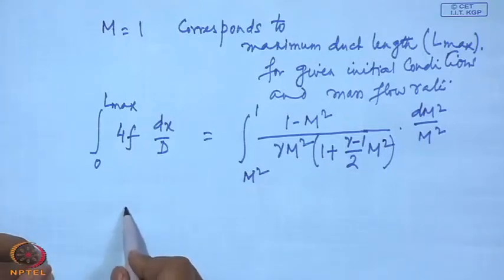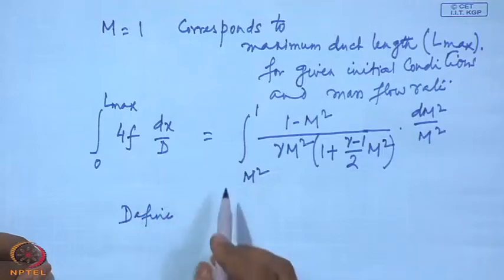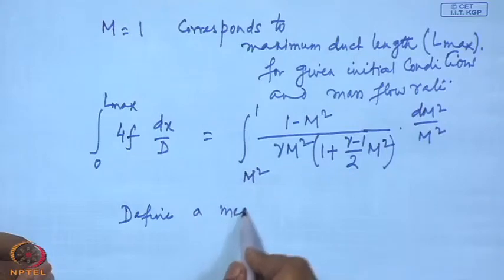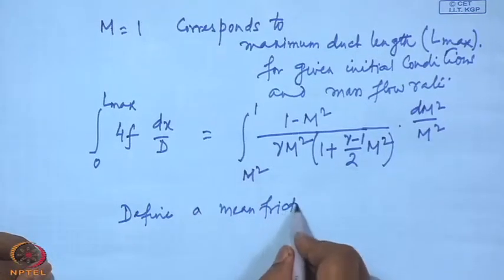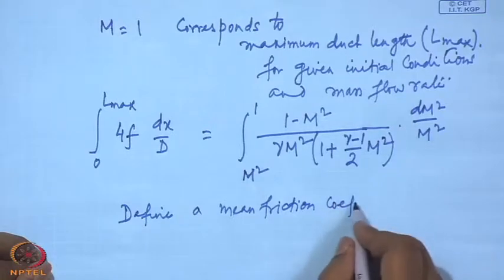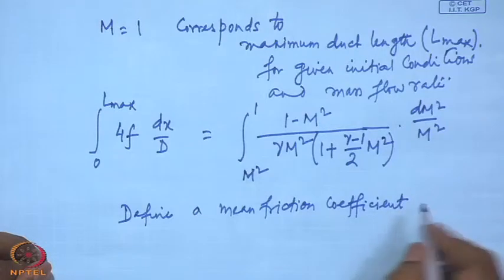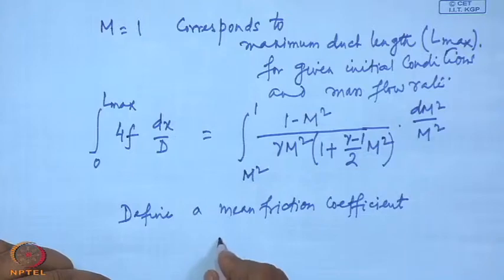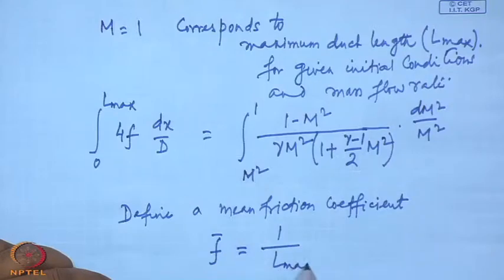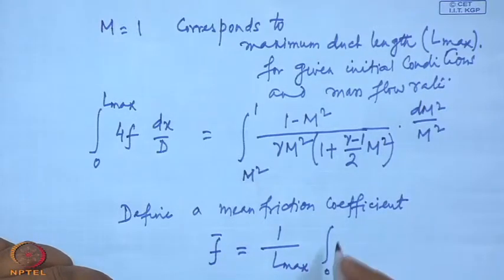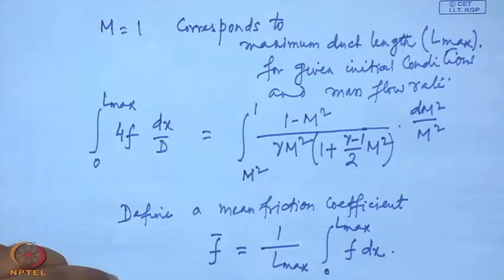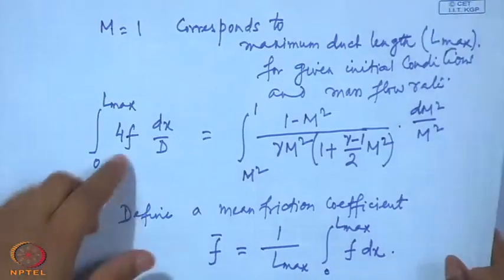We can define a mean friction coefficient as f bar equal to 1 by L max, integral from 0 to L max of f dx.